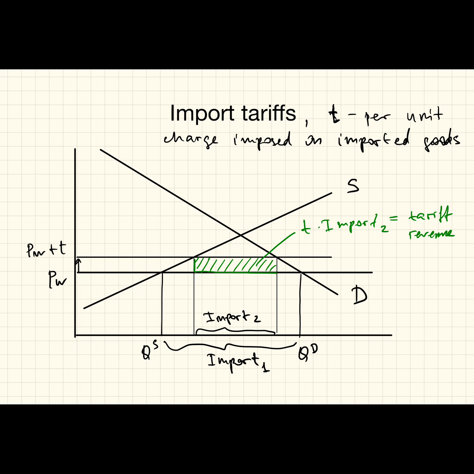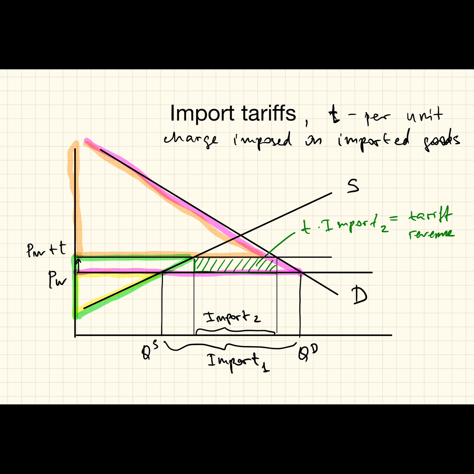As before, this initial producer surplus is going to increase, so it will go up to this area. That's an increase in producer surplus. Consumers are going to lose. They would have this area before the tariff was imposed, but as price goes up, they lose some of their surplus, so they will end up only having that much in surplus.